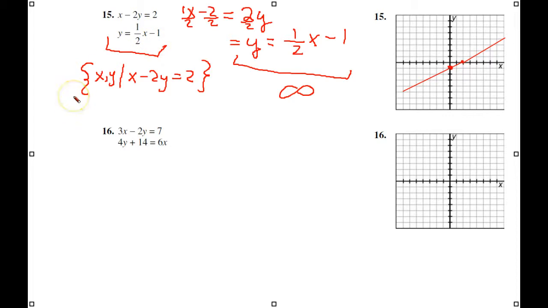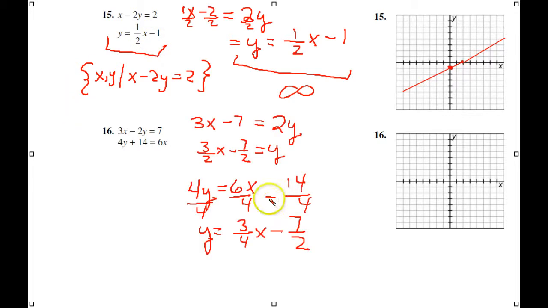Now let's do 16. So again, as we look at example 16, they're both in standard form. Well, this one's in standard form. This one is the start. I had to move this over. And I'm solving for a positive y. Now when I do, I get this. And when I solve for a positive y in the other equation, I get this.